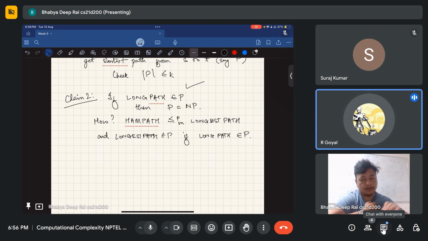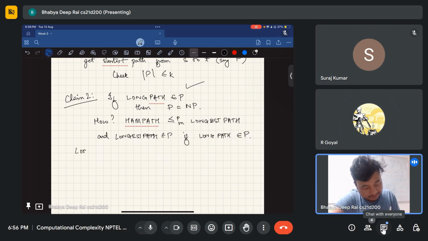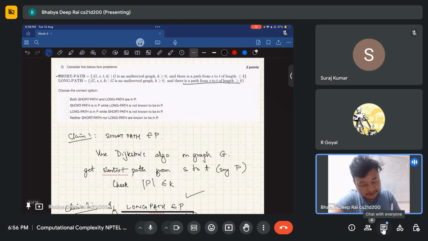So what is this long path problem? What we were talking about was a long path.